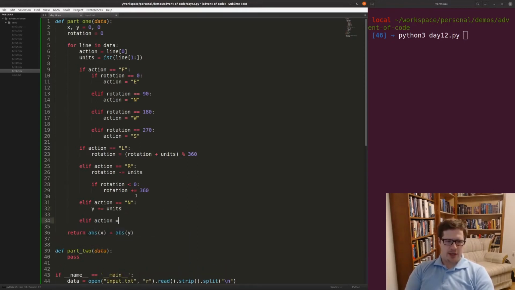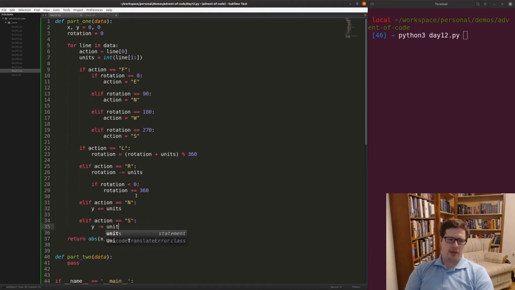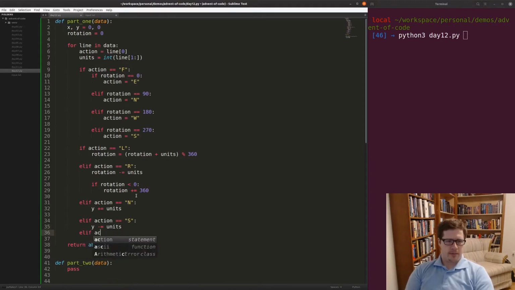If action is south, we're going to say y minus equals units. East, this is going to be x plus equals units. West, x minus equals units.